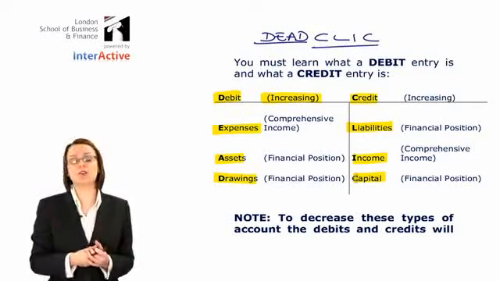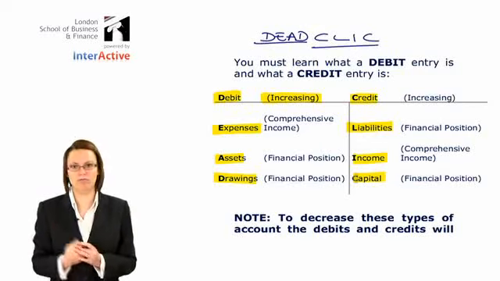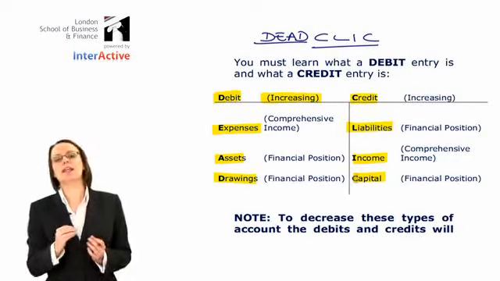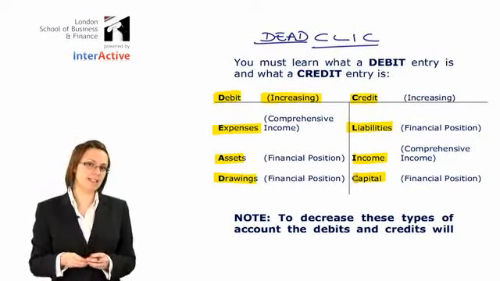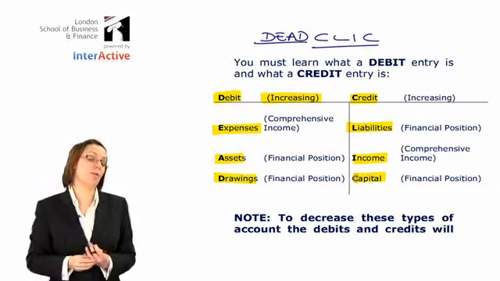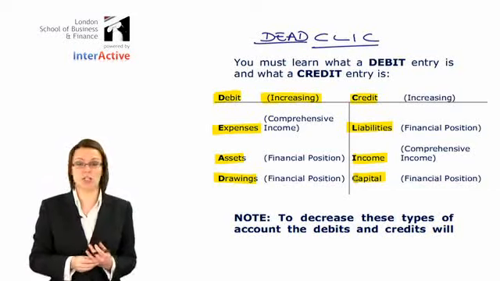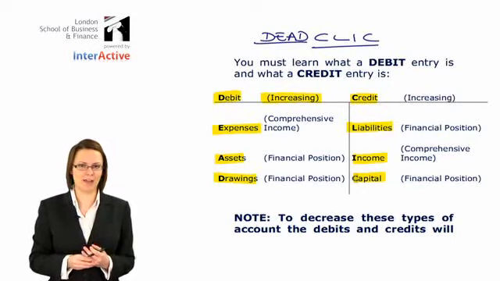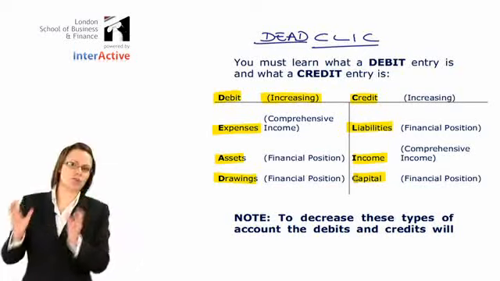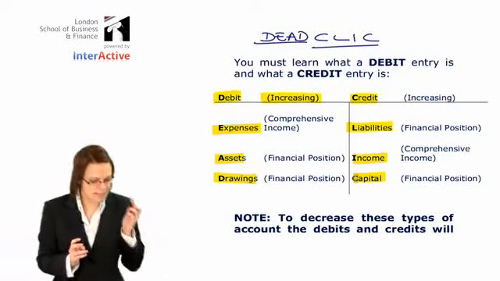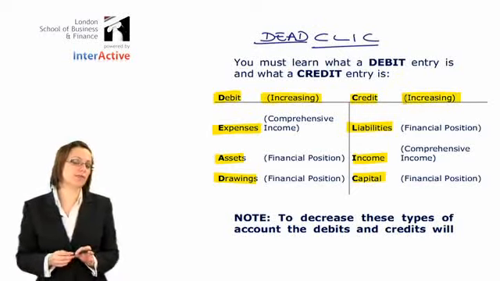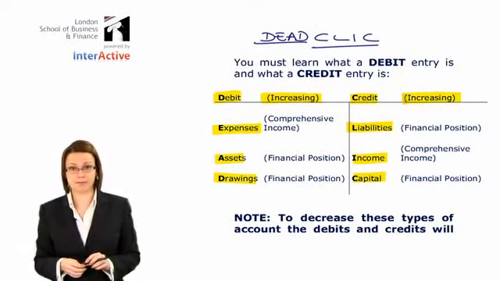Income appears in your statement of comprehensive income. Effectively, it increases your profits. Capital is the amounts invested by the owners in the business, and capital would also appear in the statement of financial position. Okay, so DEAD CLIC, debit on the left, credit on the right, and remember, DEAD CLIC only works if you are increasing those different types of accounts.